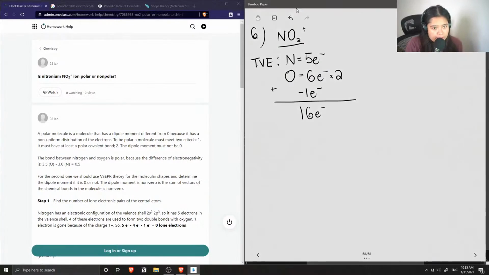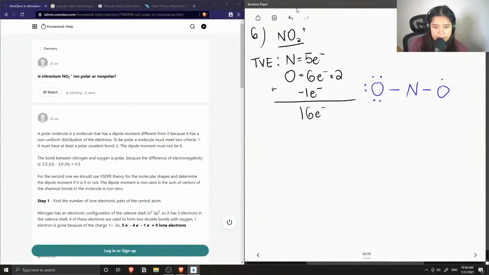And now we need to draw out a skeletal structure for this compound. So nitrogen will be our central atom, and I'm just going to draw 2 single bonds to the oxygens. And let's show all the lone pairs and count out how many electrons I've drawn so far.